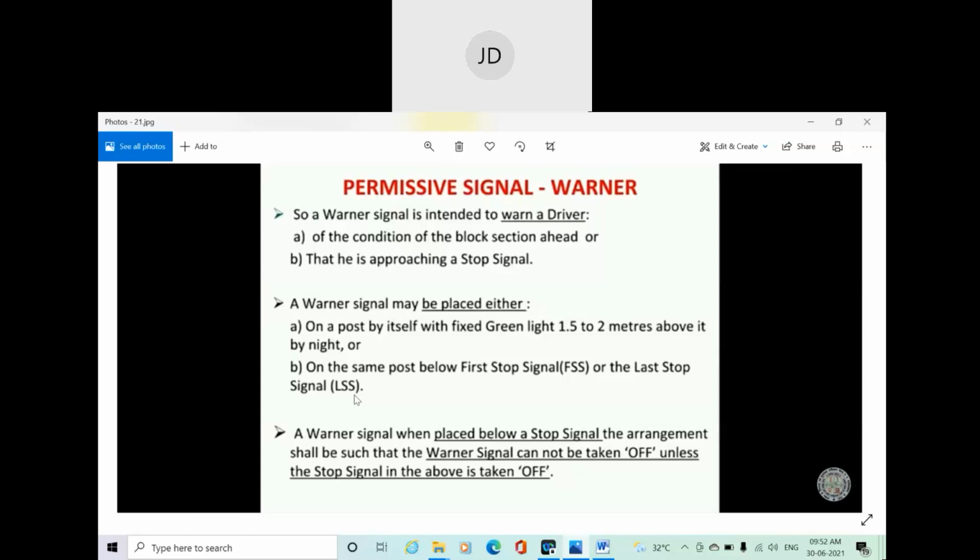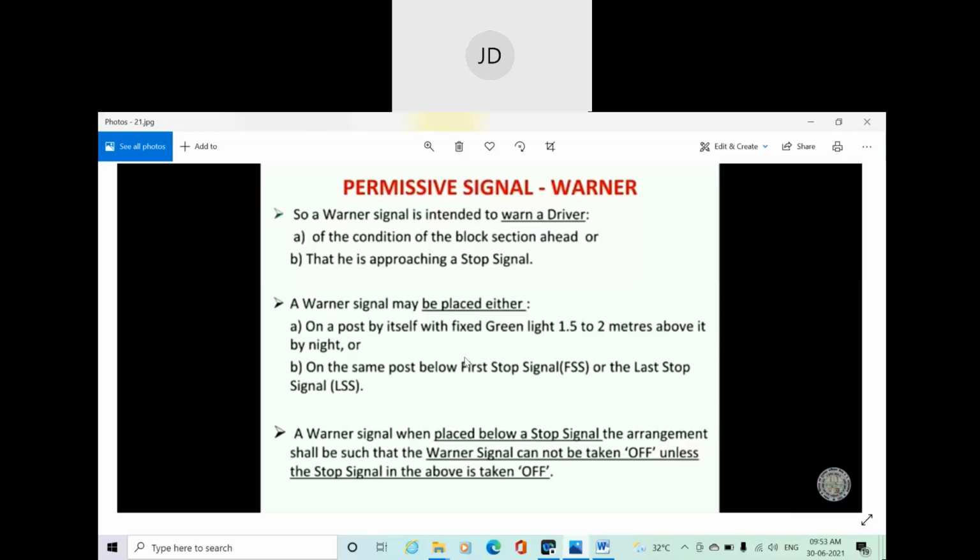So whenever a loco pilot encounters the first stop signal, you can also install the warner signal just below the arm of the stop signal. That means on the same post we can install stop signal and warner signal together. The stop signal gives you the immediate information, and the warner signal gives you the information about what is coming, that is, warning of what is ahead.